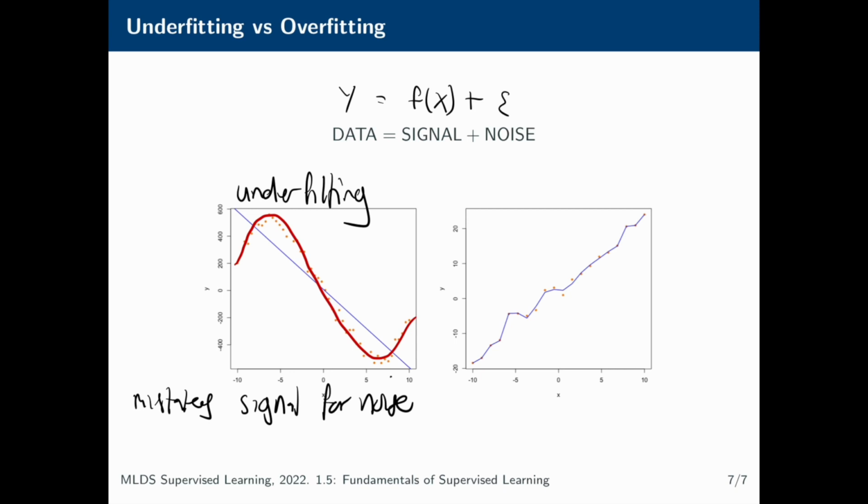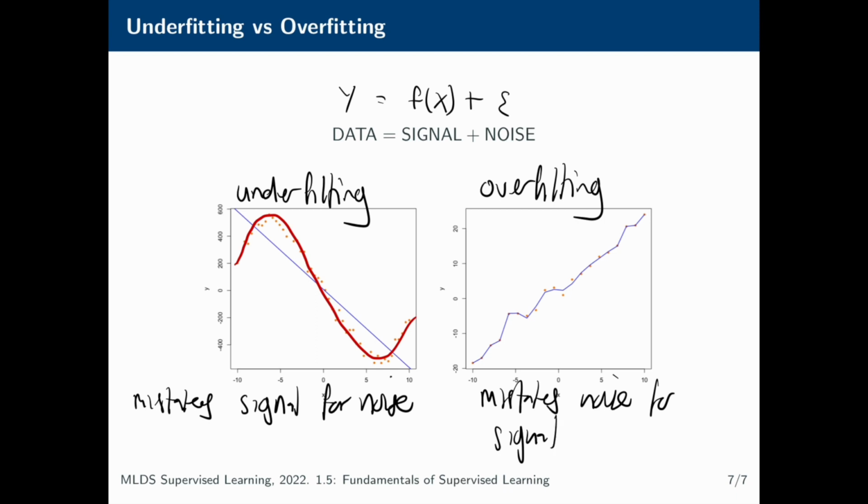And then on the right, we have what we might call the opposite mode of failure, and that's overfitting. And here, the model mistakes noise for signal, which is why I call it the opposite way of getting things wrong.